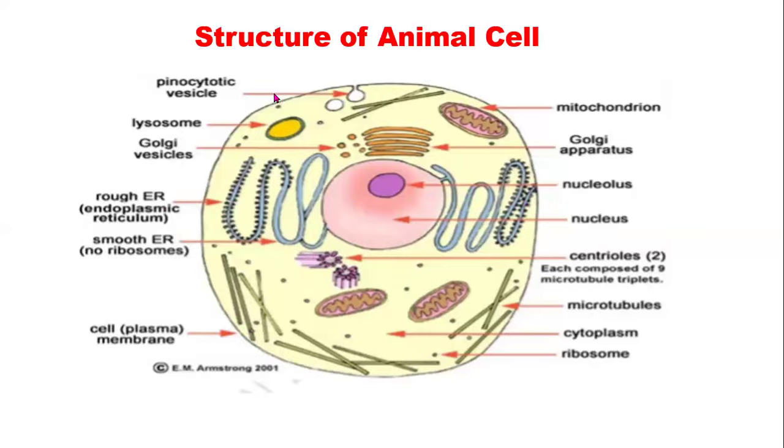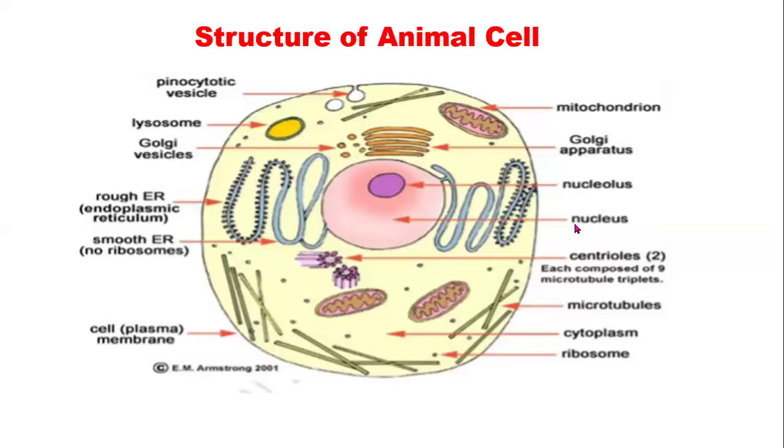So the things that enter or go out of the cell have to be regulated. The function of this plasma membrane is to prevent unwanted movement of molecules from either outside or inside the cell. The inside of the cell is called the intracellular environment, while the outside is called the extracellular environment.